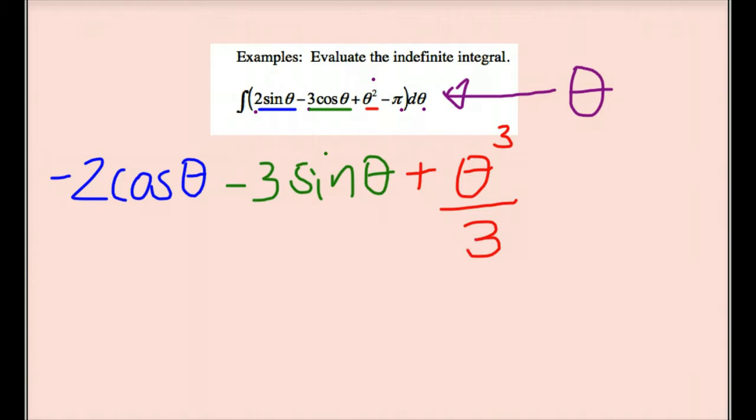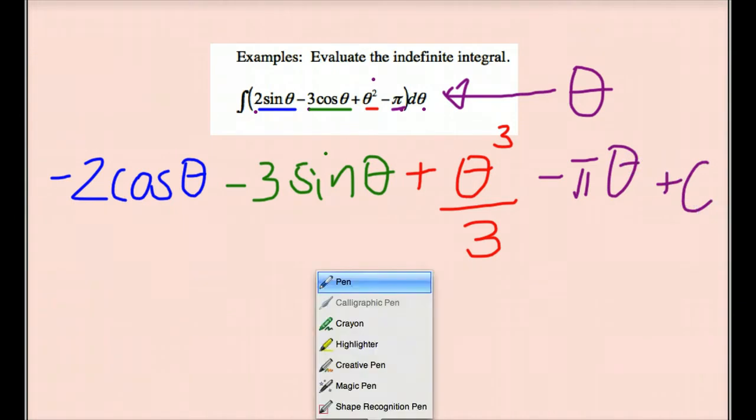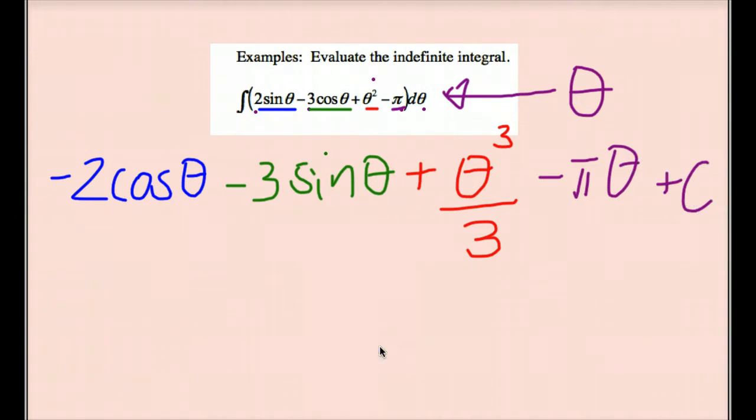And finally, our last step is I have a constant pi, so it becomes pi, and I stick a theta at the end. And like always, I add a plus c. So the only time we used the trig functions was in the first 2, and all I did was match them up to the integrals that were given before. All right, let's take a look at the next one.